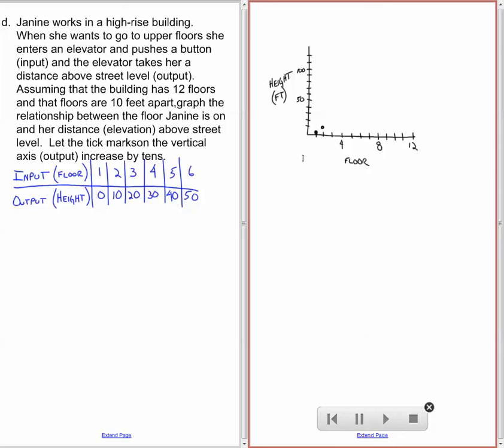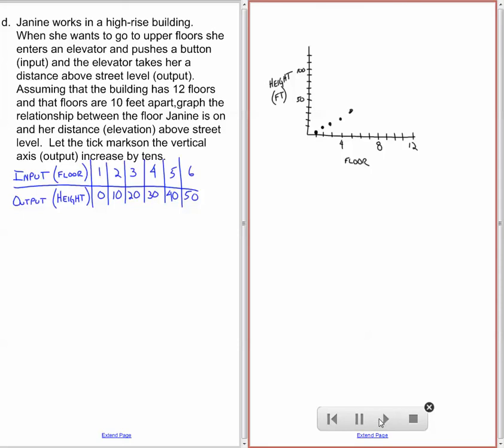Floor 1, 0 feet, so it's right on this x-axis. Floor 2 is at 10 feet. Floor 3 is at 20 feet. Floor 4 is at 30 feet. Floor 5 is at 40 feet.